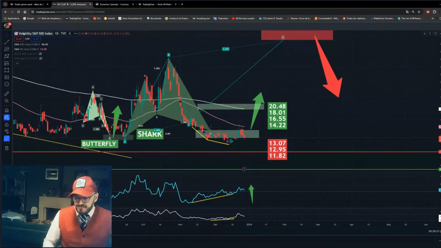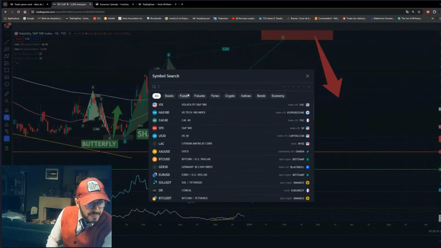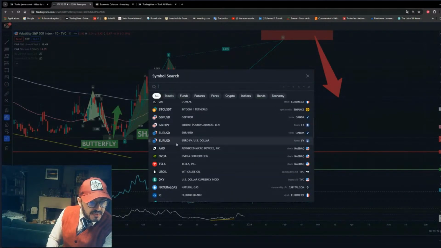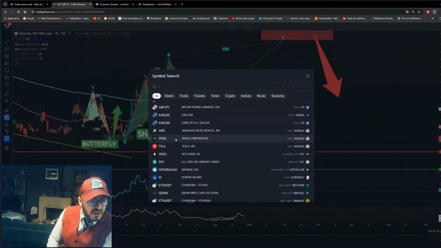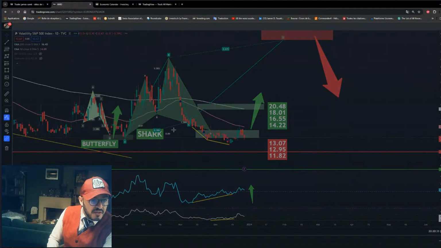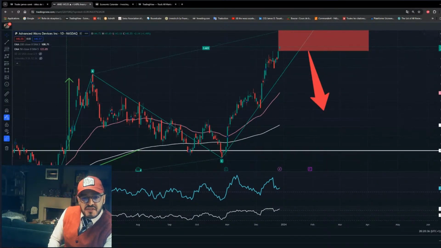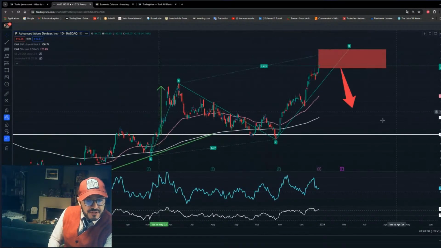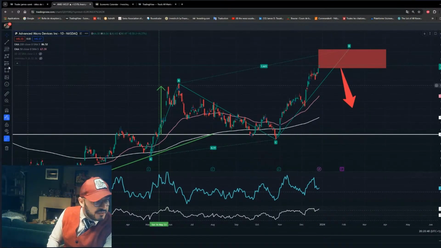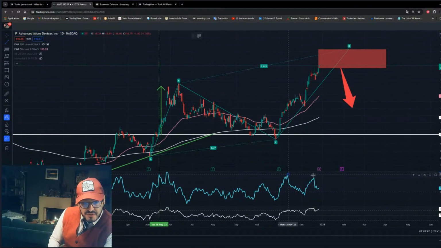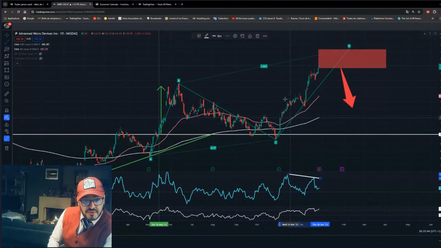Now I go on, let's say, to NVIDIA, AMD. Let's say AMD. Okay, AMD, we have also an ABC pattern. Plus you can see here a divergence with ROC. The market is going up and there is a divergence here.